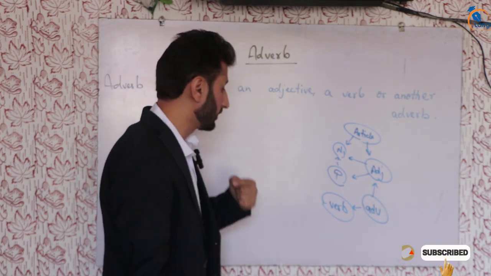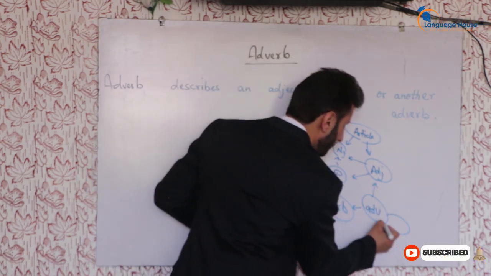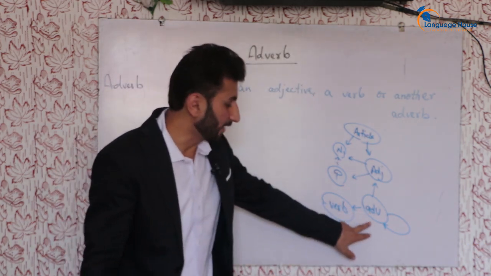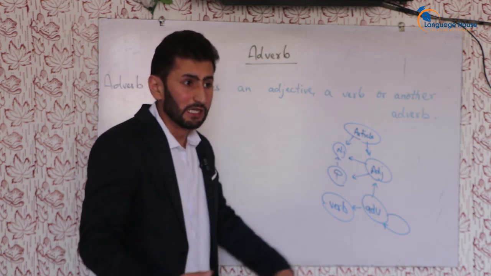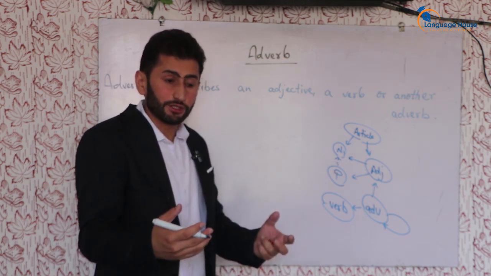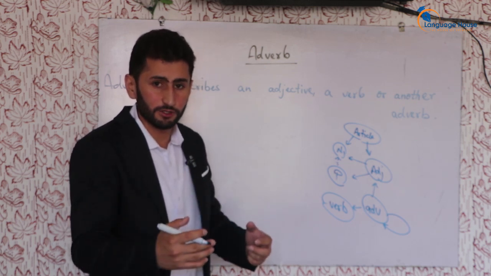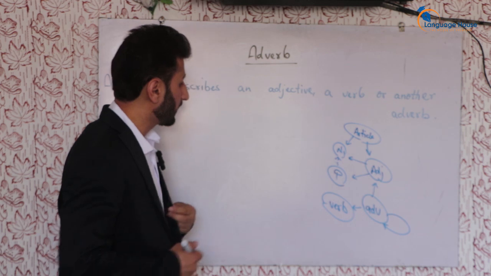Adverbs modify verbs, and also adverbs modify another adverb, okay? And sometimes an adverb can modify the whole sentence, or sometimes the preposition, okay? Sometimes conjunctions, okay? We can say adverbs can modify anything, any part of speech, except nouns and pronouns, okay?